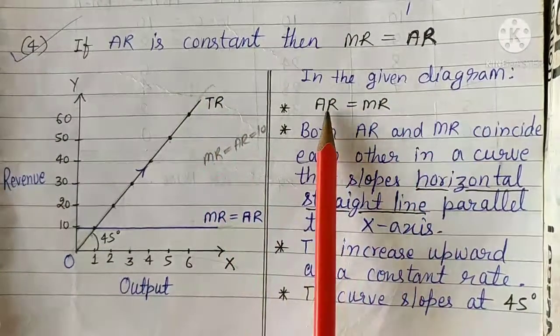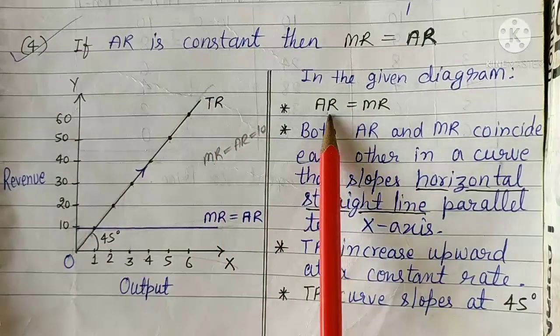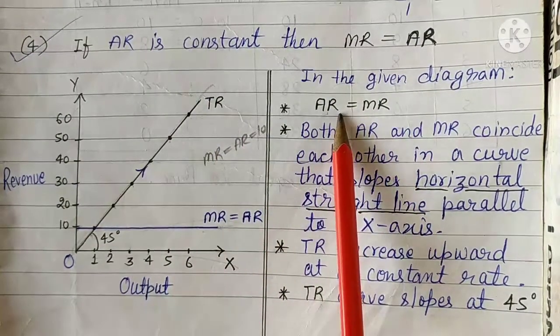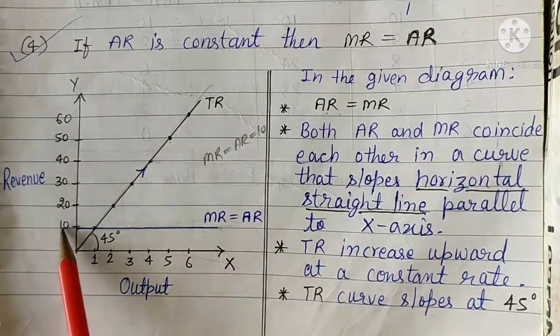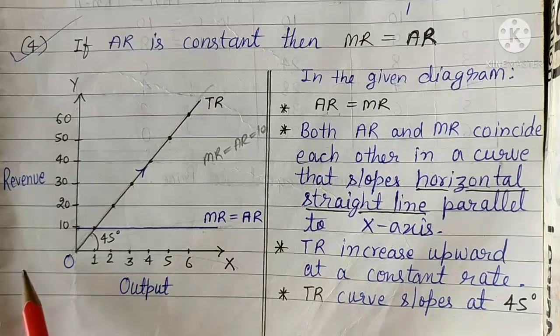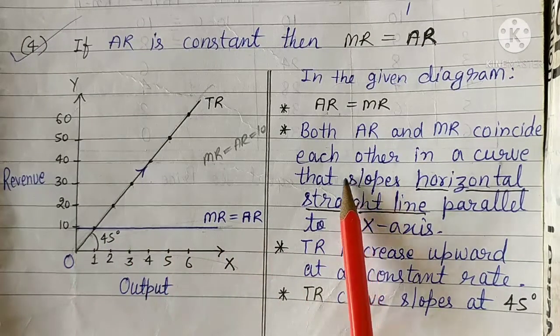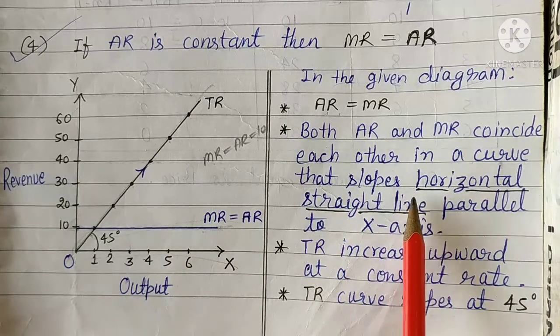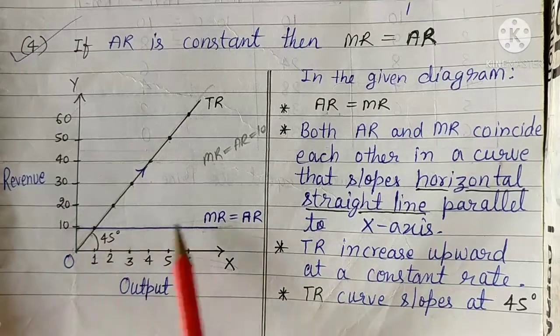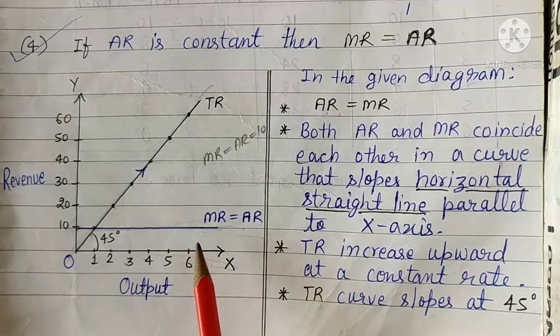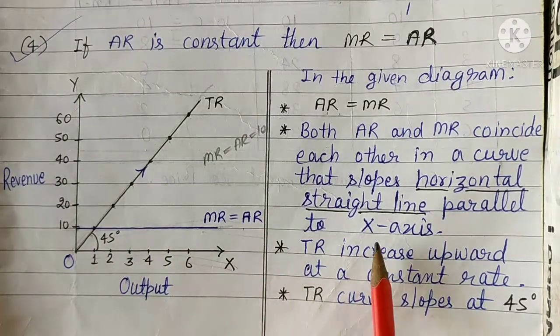So in this given diagram, AR equals MR, and both AR and MR coincide with each other. It means the same line is used for both, because they are both 10 at every unit. This is a horizontal straight line parallel to the x-axis, the MR and AR curve.